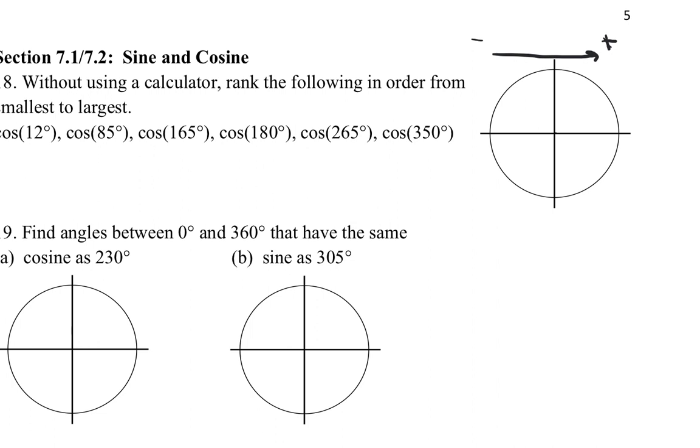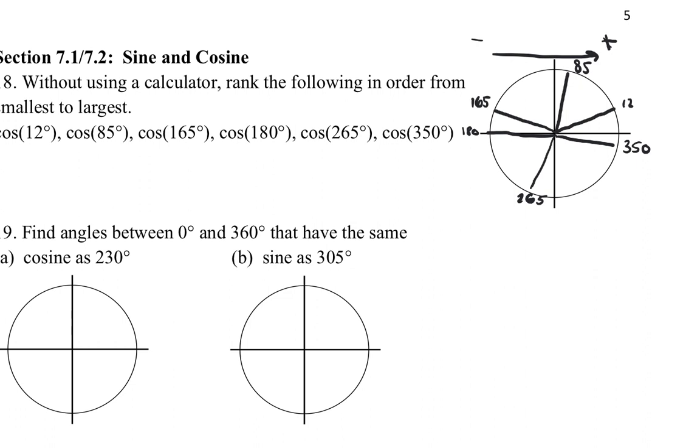So we have cosine of 12, which will be about there. And then 45 or 85 will be up here. 165, 180, 165, and 520.